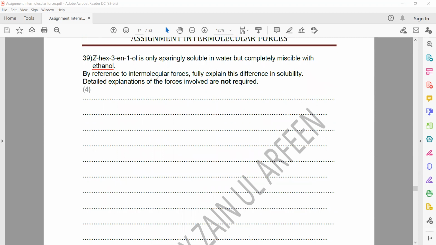in ethanol. By reference to intermolecular force, why the difference in solubility? So a double bond is there, OH is there, and a carbon chain is also there. It is sparingly soluble in water, but completely miscible with ethanol.